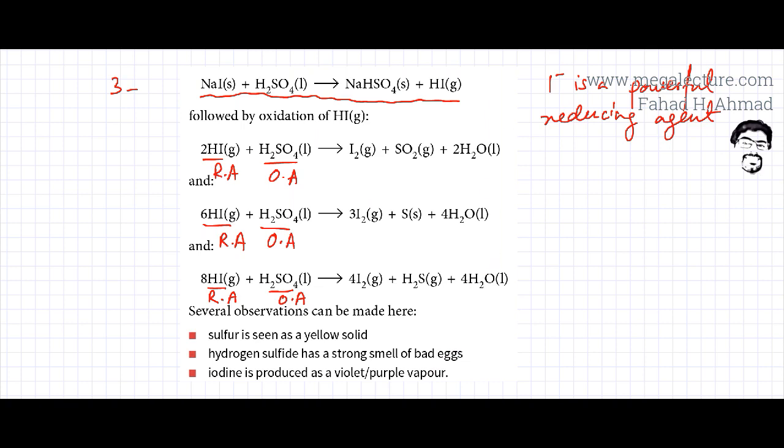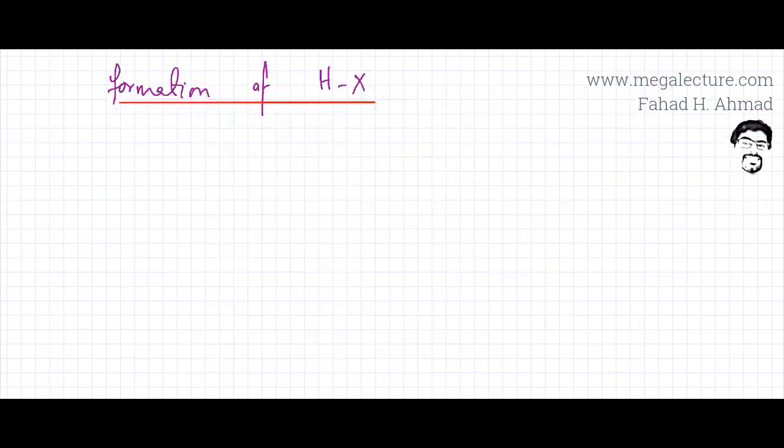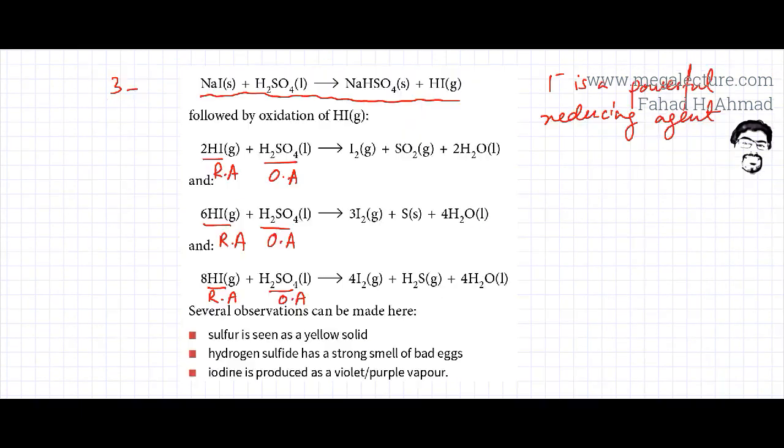Now, one more thing that you must know is that if you look at the above reactions that we just discussed, the formation of hydrogen halide is not always the case in all the reactions. For example, in this reaction, all the hydrogen halide got oxidized. All of it got oxidized, and you did not get HI at the end of the reaction. Instead, all of it got converted into iodine.